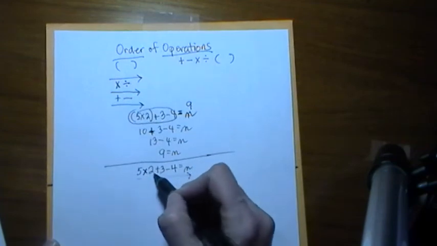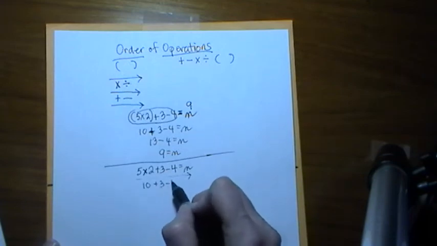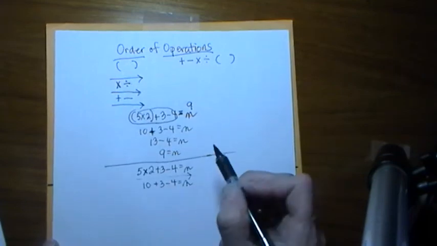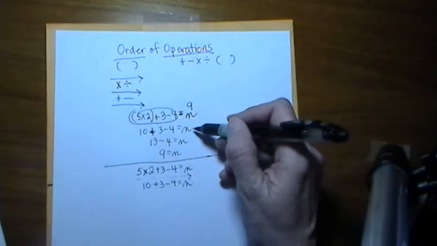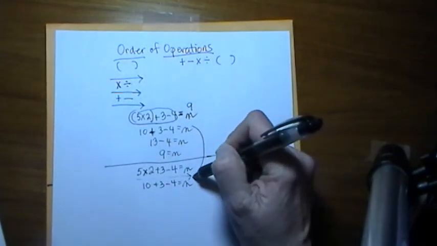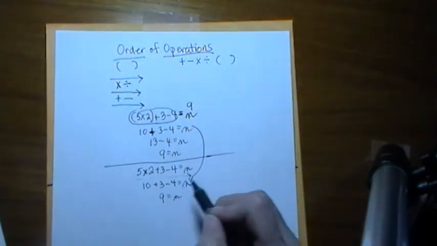Well, we still have multiplication first. 5 times 2 is 10, plus 3 minus 4 equals n. And I think you can see that this is now the same as this one. And the answer we got was that 9 equals n.